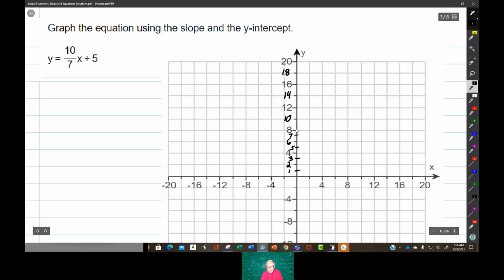Now, why am I doing this? 8, 9, 10. We need to know where these points are, and you'll see why if you don't remember.